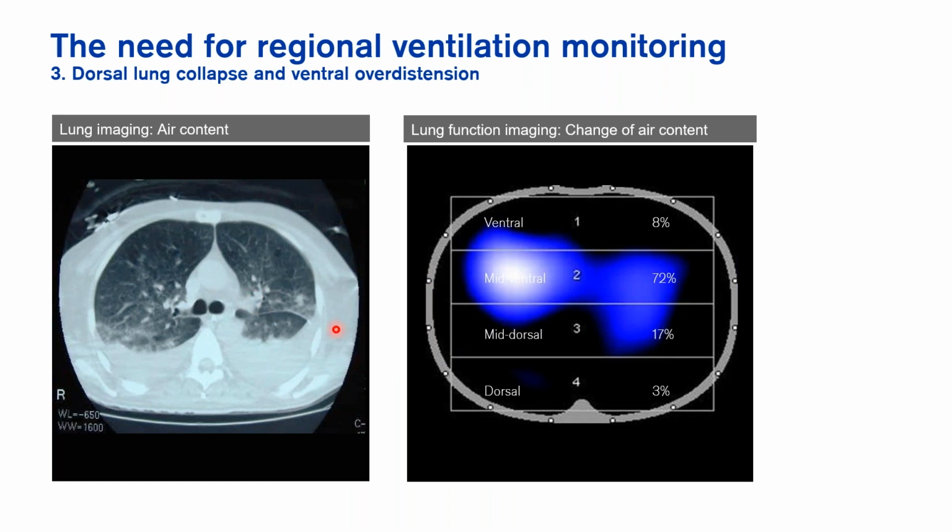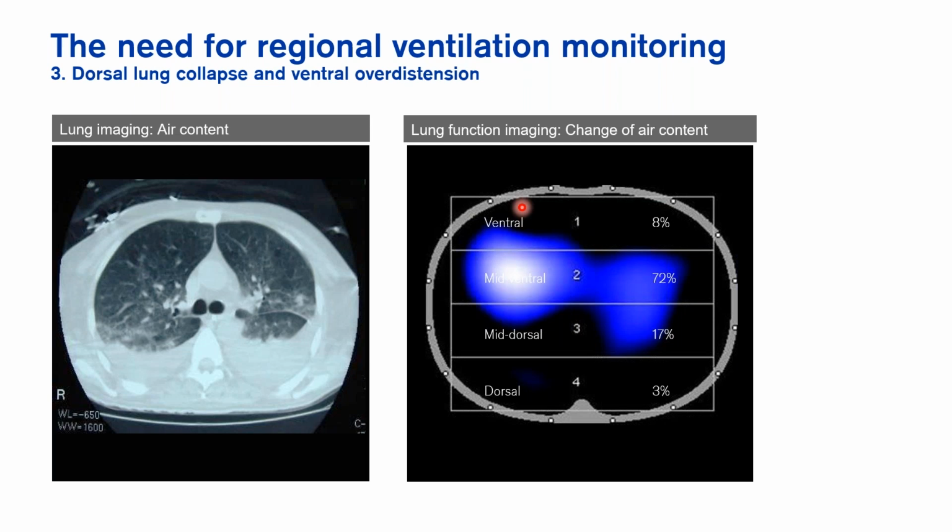So again, quite similar. We have no ventilation in the dorsal area because it's completely collapsed. But on the CT scan, we still see the air content. But on the PulmoVista, we don't see the air change. So basically, there is no change in ventilation in the ventral areas. And if there is no change in the ventilation in the ventral areas, that means there is no gas exchange.